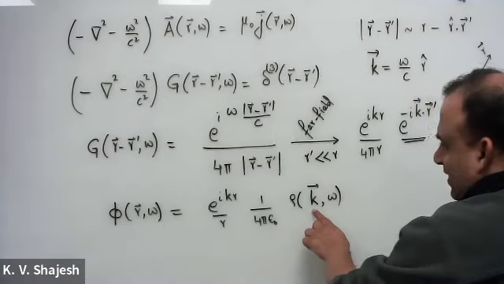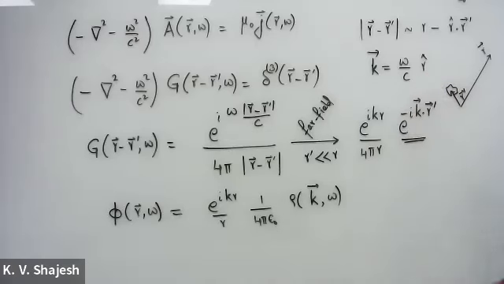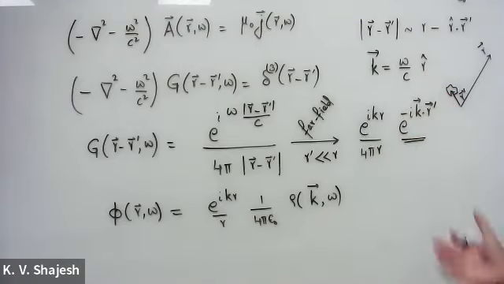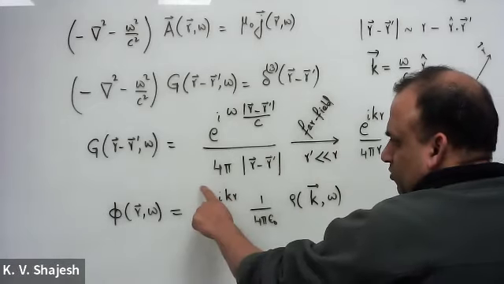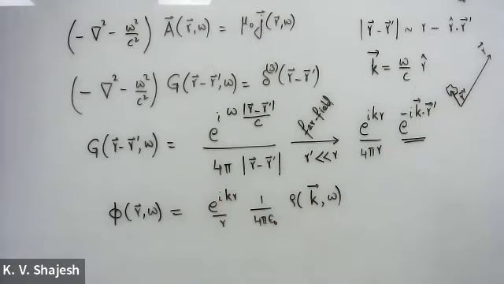This k has an angular dependence in the sense that it depends on R hat, but otherwise it depends only on the frequency. It's only in the limit r tends to infinity that this contributes. All the r dependence is in this piece here, the linear dependence, and there is only frequency dependence in the other part.